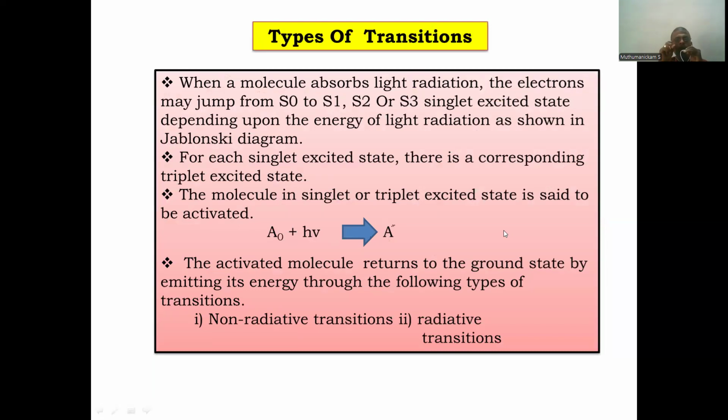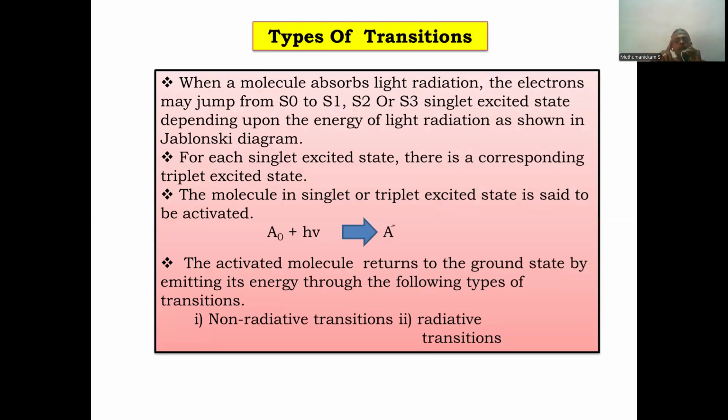For example, when a molecule absorbs light radiations, the electrons may jump from singlet ground state to S1 or to S2 or to S3. The transition may take place from S0 to S1, S0 to S2, or S0 to S3.